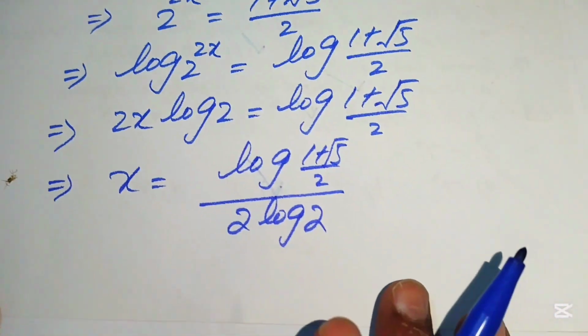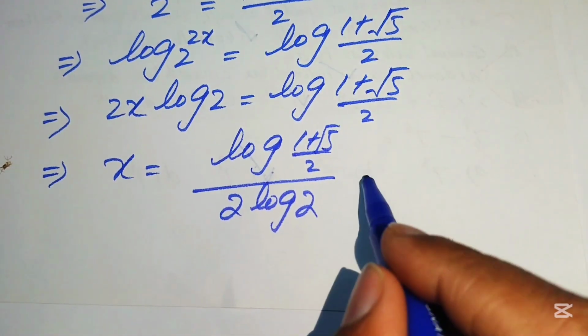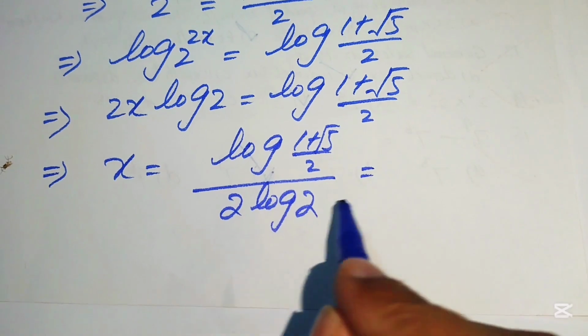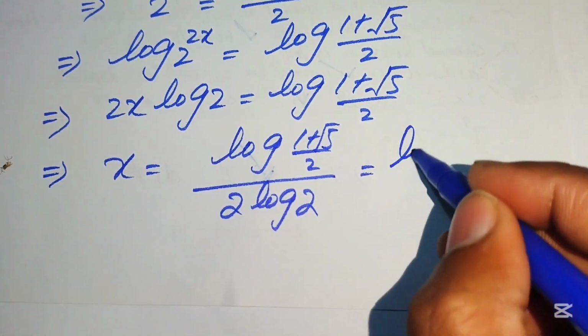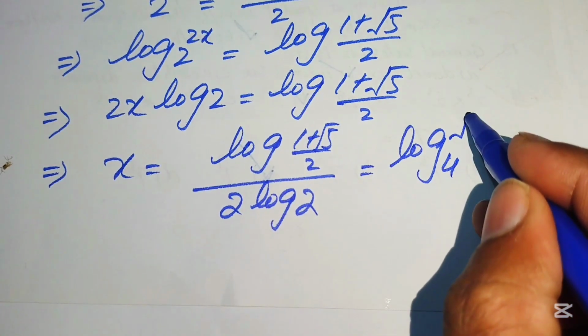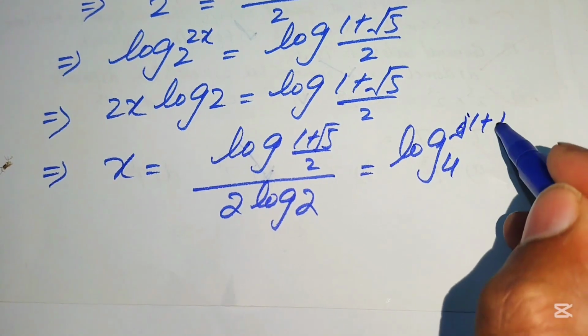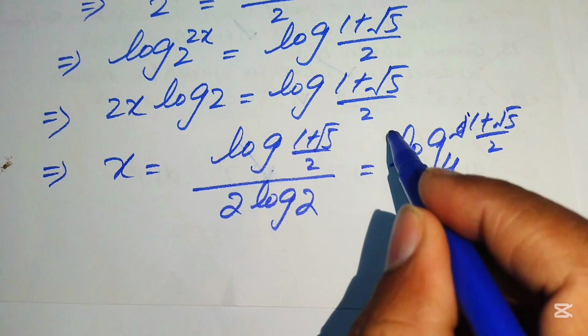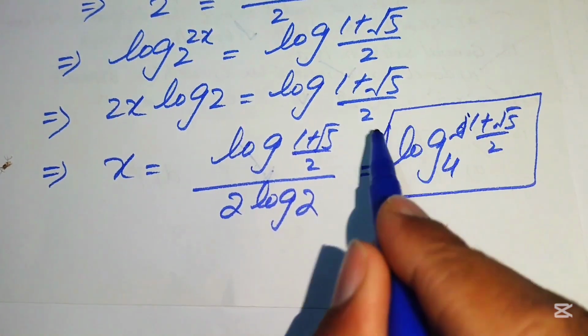Okay, so we write this expression in this way. We write it as log of base 4 of 1 plus square root of 5 divided by 2. So this is the final value of x in this problem.